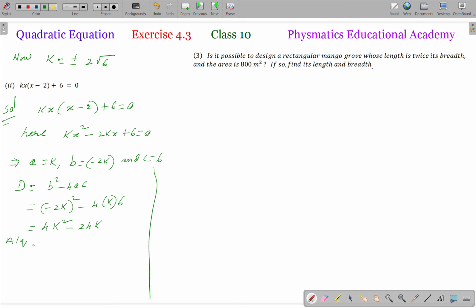According to the question, 4k square minus 24k is equal to 0.